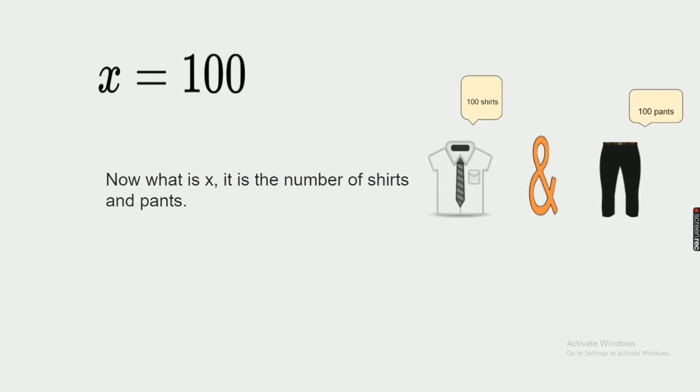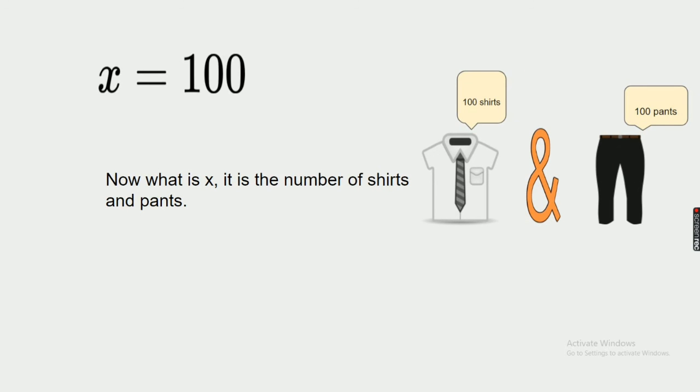Now what is X? It is the number of shirts and pants. We assumed that the number of shirts and pants is equal to X. We got the value equal to 100. So it means that the number of shirts is 100 and the number of pants is also 100.